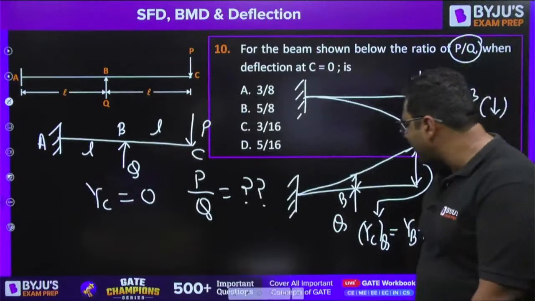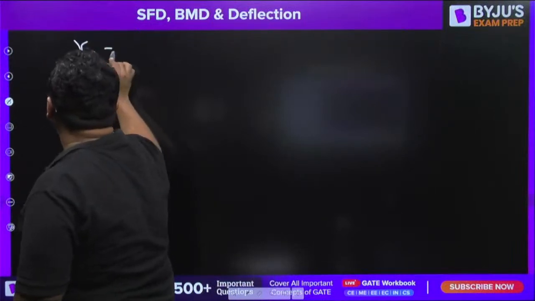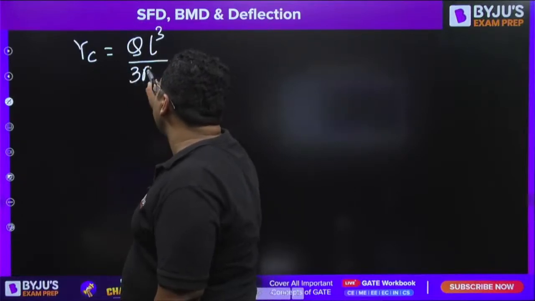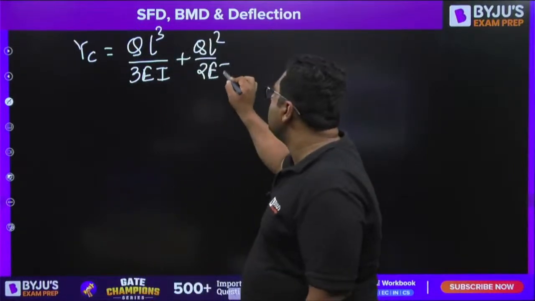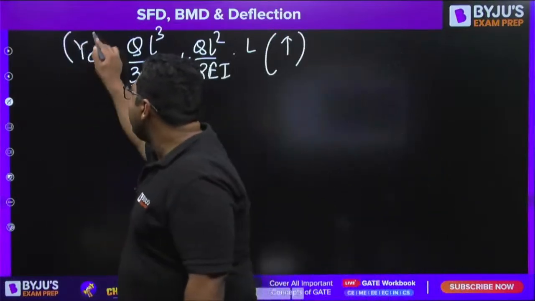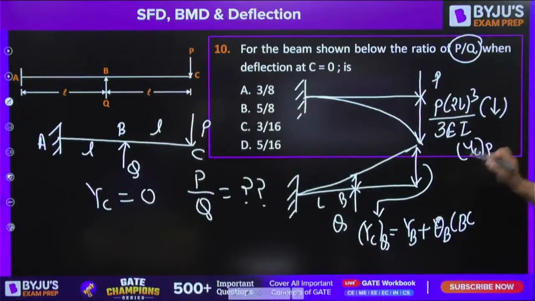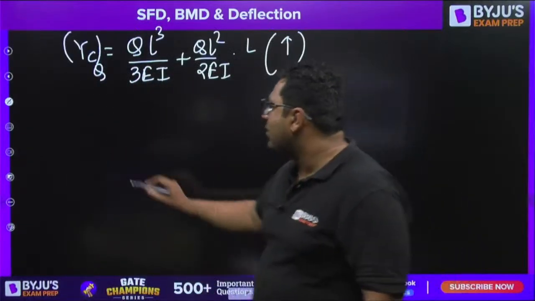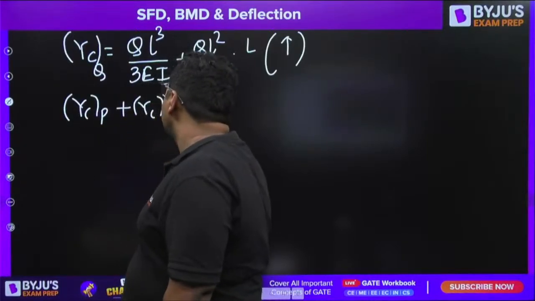Then deflection at B, you need to find out, this is the length L. So you will be writing deflection at C because of Q is equal to Q L cube upon 3 EI plus Q L square upon 2 EI into L. But this is upward. So this is YC because of Q, and this is YC because of P. You need to equate them. So deflection at C because of P plus deflection at C because of Q is going to be 0.